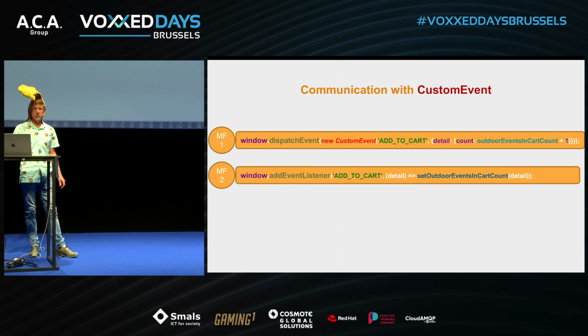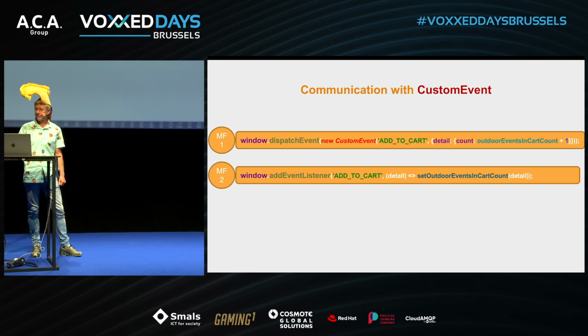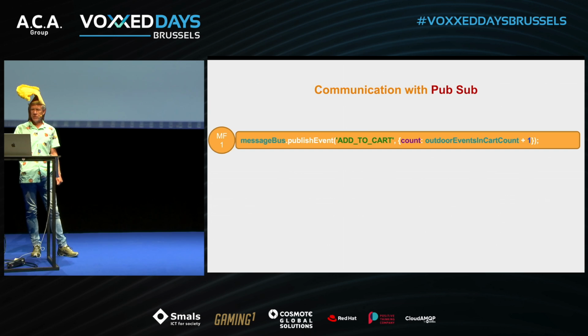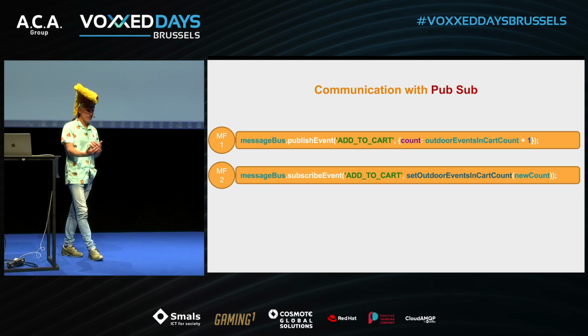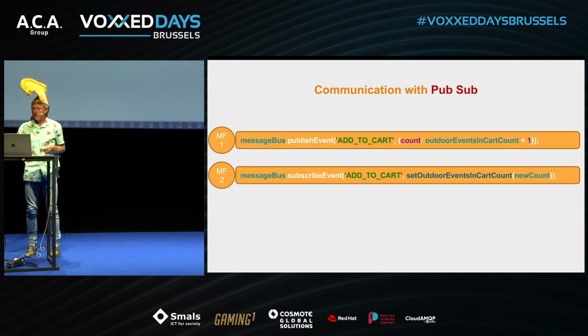And on the other side, another micro frontend can listen to it with an event listener. You can also have a communication with a message bus, a pub/sub pattern, where you can publish an event on a topic. And you can also subscribe to that event.